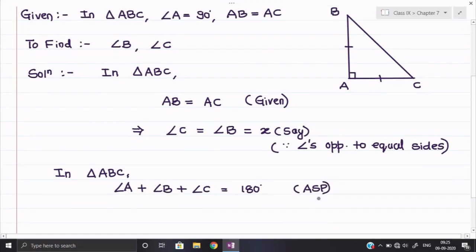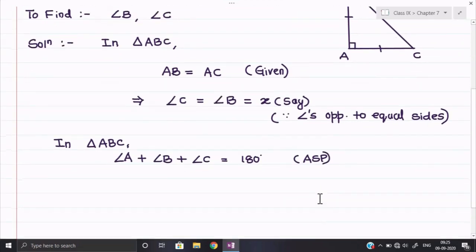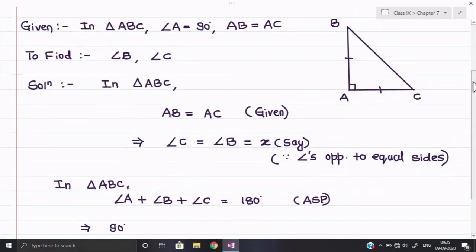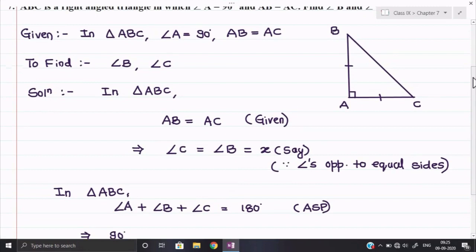By angle sum property, the sum of all three angles will be equal to 180 degree. What is the value of angle A given in the question? That is given as 90 degree. Yes, angle A is given as 90 degree. And this equation I will suppose as equation number 1.